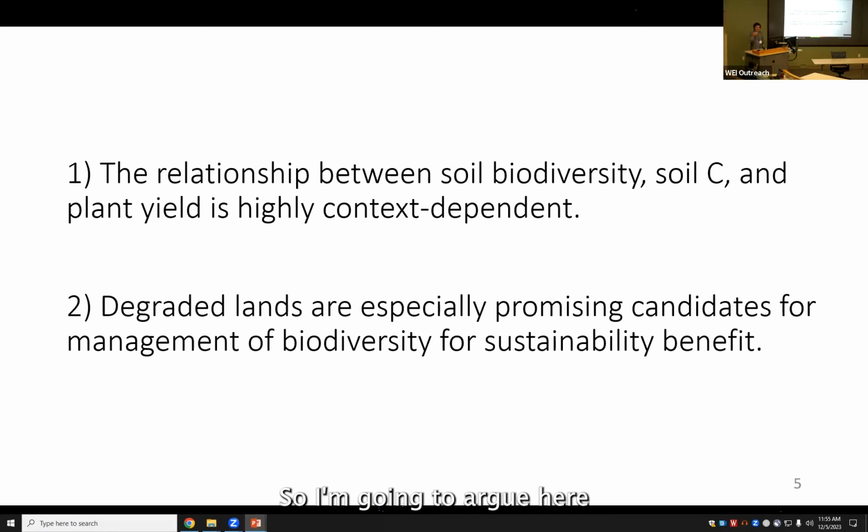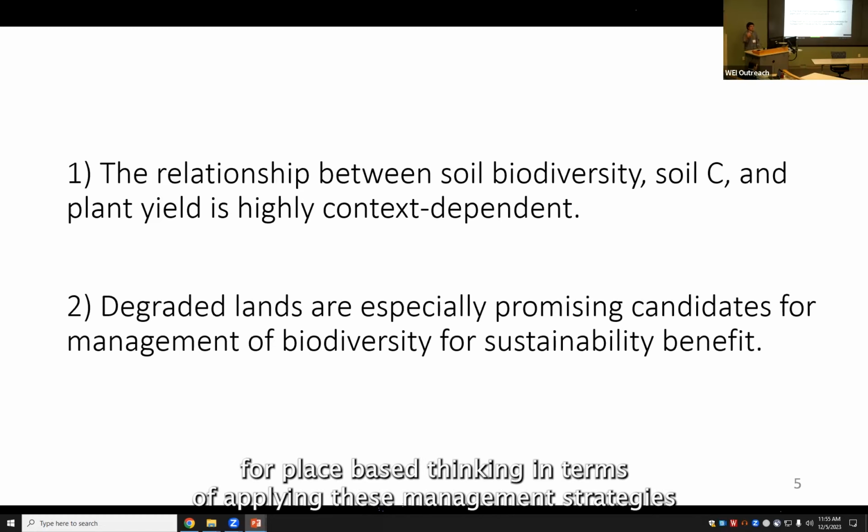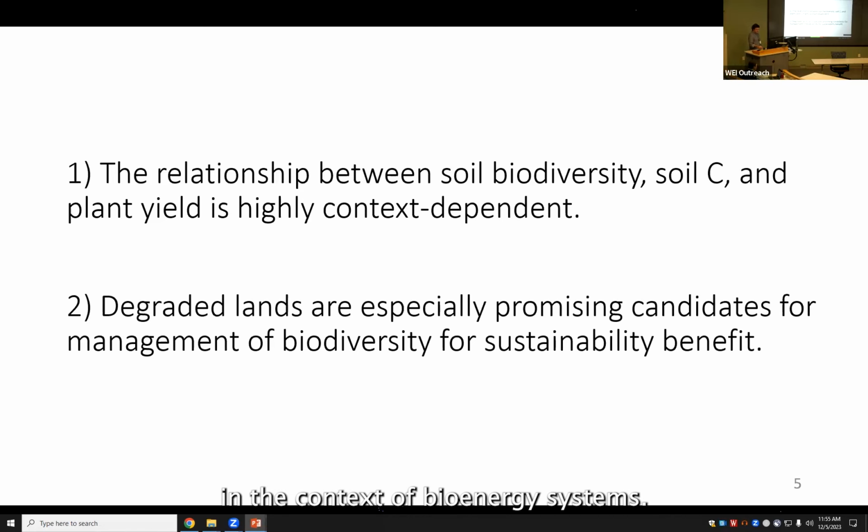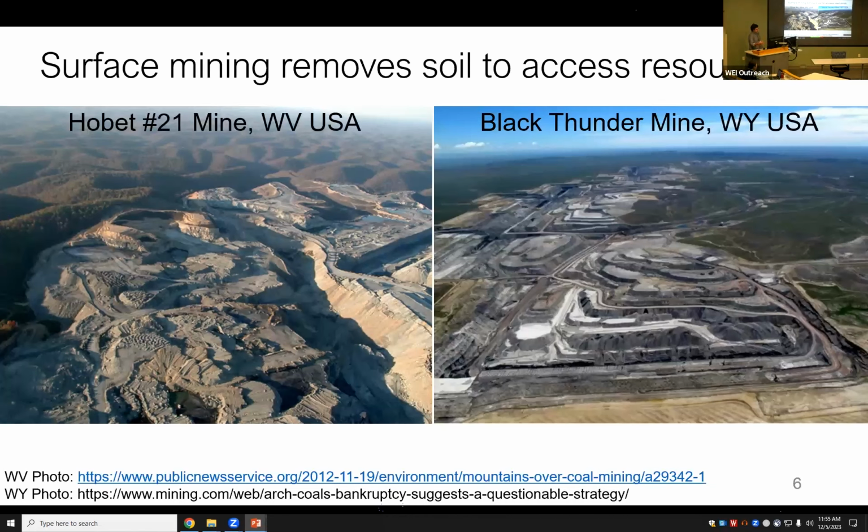Okay, so I'm going to argue here for place-based thinking in applying these management strategies for soil to maximize soil microbial benefit in the context of bioenergy systems.